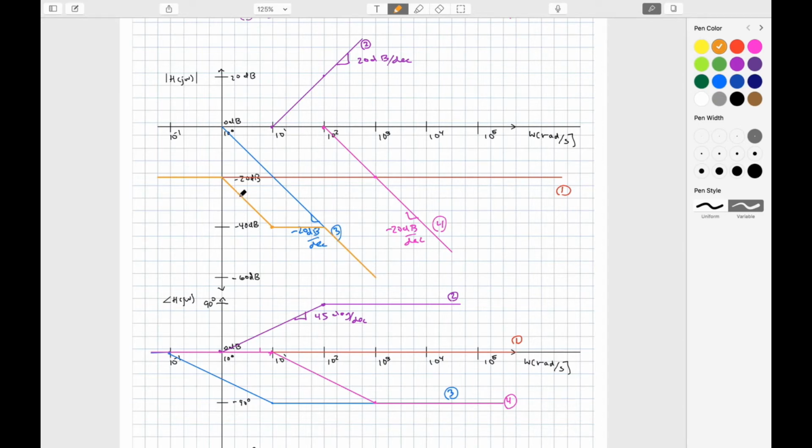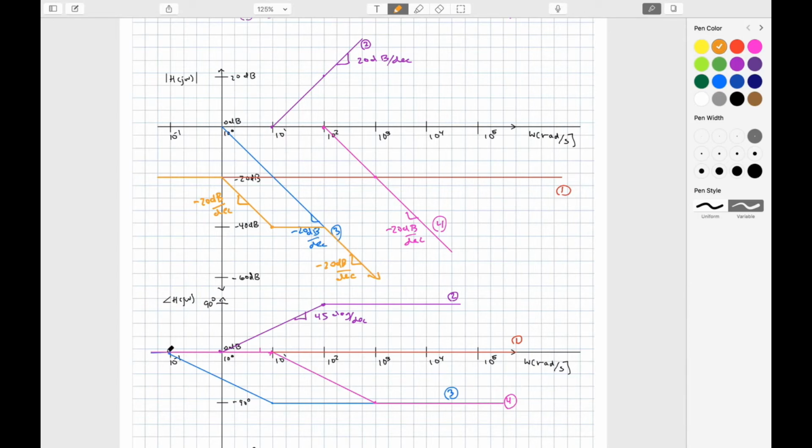So let's annotate this. This is negative 20 dB per decade. This is 0, and then this is again negative 20 dB per decade. And so this would continue on forever, with the understanding that I'm just taking the sum of all the contributions over each frequency range. So since there is 1 zero and 2 poles, I would expect the final value to be going down at negative 20 dB per decade.